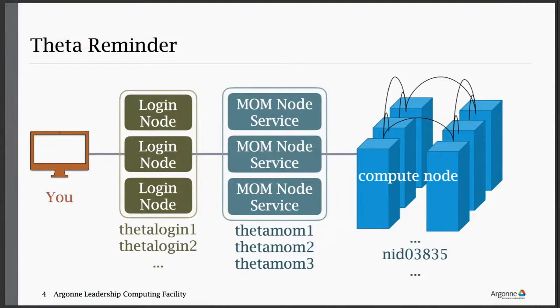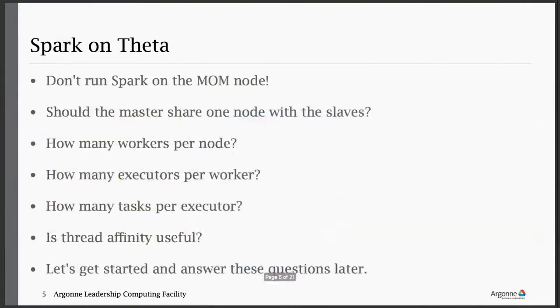One thing to remind yourself is that you shouldn't try to start any Spark things on the mom node in your script. You have to go through some hoops to make sure you are actually running on the compute node, and the script we provide actually does this for you. For Spark on Theta, there are many questions, and we're actively trying to figure most things out.